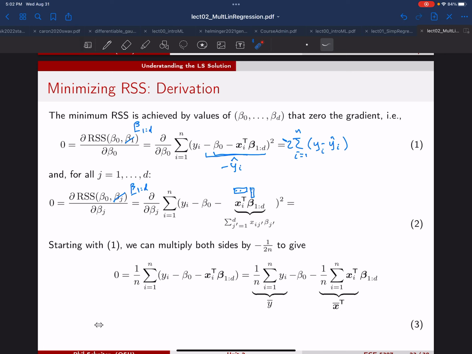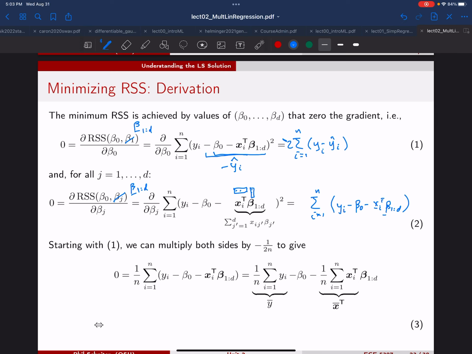Okay, so to do the partial derivative, we're evaluating this. We can move this through the sum. So we're going to have the sum of i going from 1 to n. Then we're going to have y_i minus beta 0 minus x_i transpose beta 1 through d. Okay, so that's the chain rule.